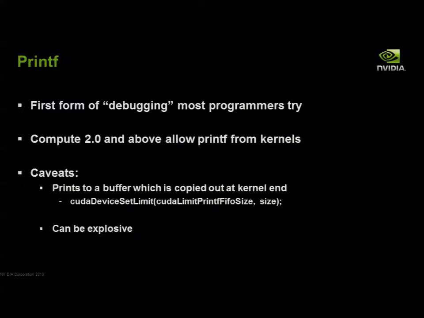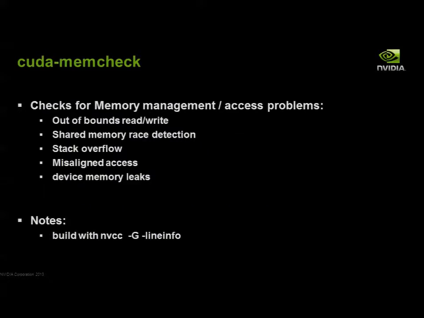Okay, printf debugging. Another debugging tool is cuda-memcheck. As I mentioned, it can easily happen that one of your threads accesses memory that's out of bounds. Usually in those situations you get an error that says something like unspecified launch failure.